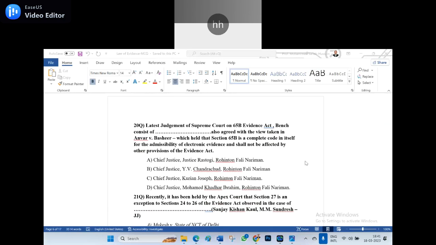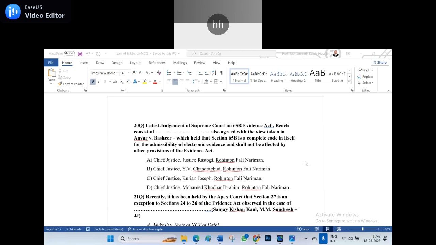Bench consisting of dash also agreed with the view taken in Anwar versus Basheer case law, which held that Section 65B is a complete code in itself for the admissibility of the electronic evidence and shall not be affected by the other provisions of the Evidence Act.